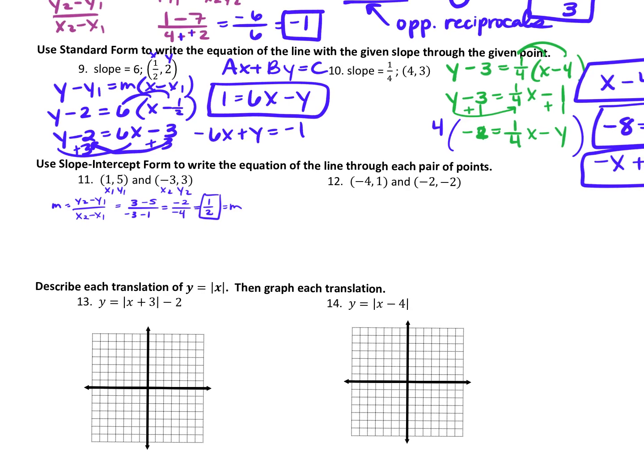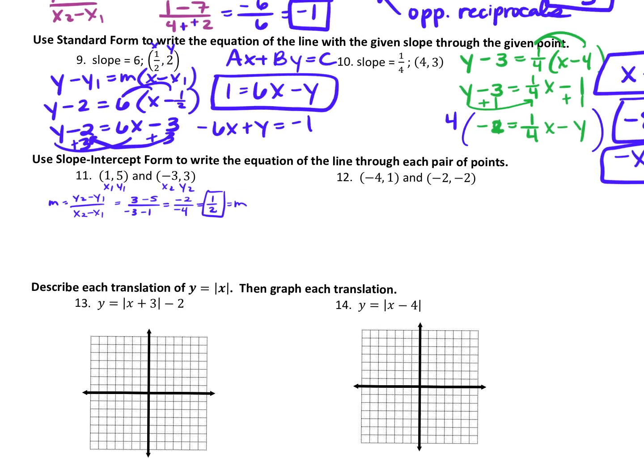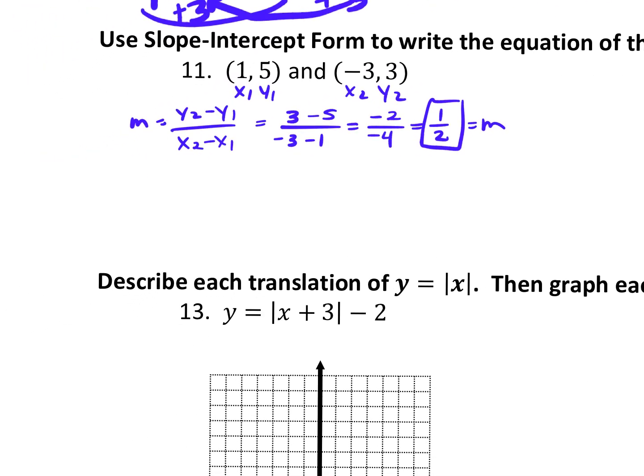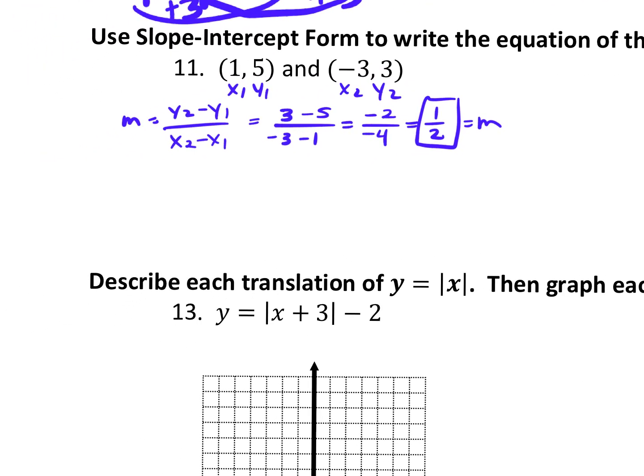And then it says use slope-intercept form. So you can start with it in point slope, or you can start with it in slope-intercept. It's kind of however you prefer to solve it. If I use this point and this slope in point slope form, it would be y minus 5 equals 1/2 times x minus 1.